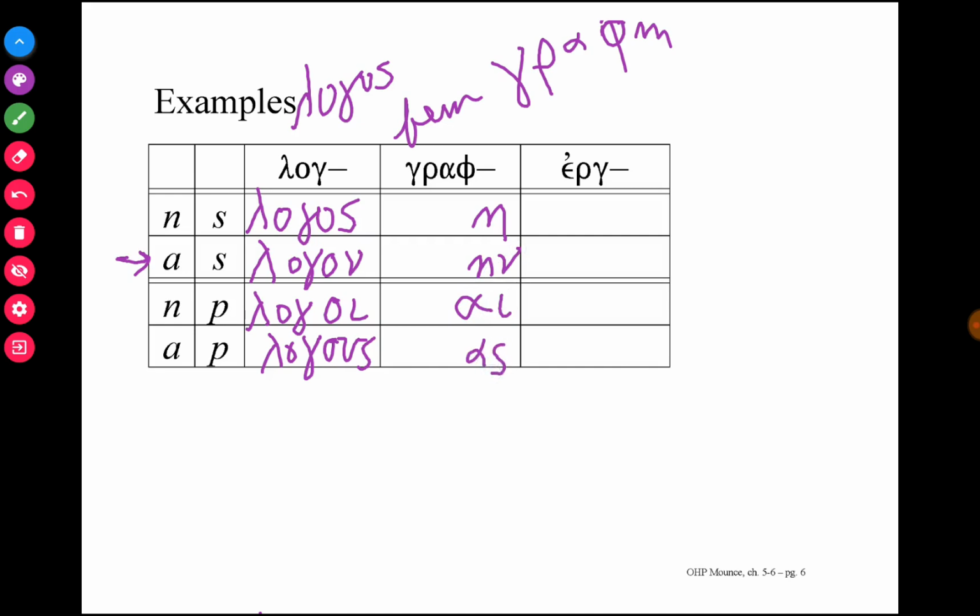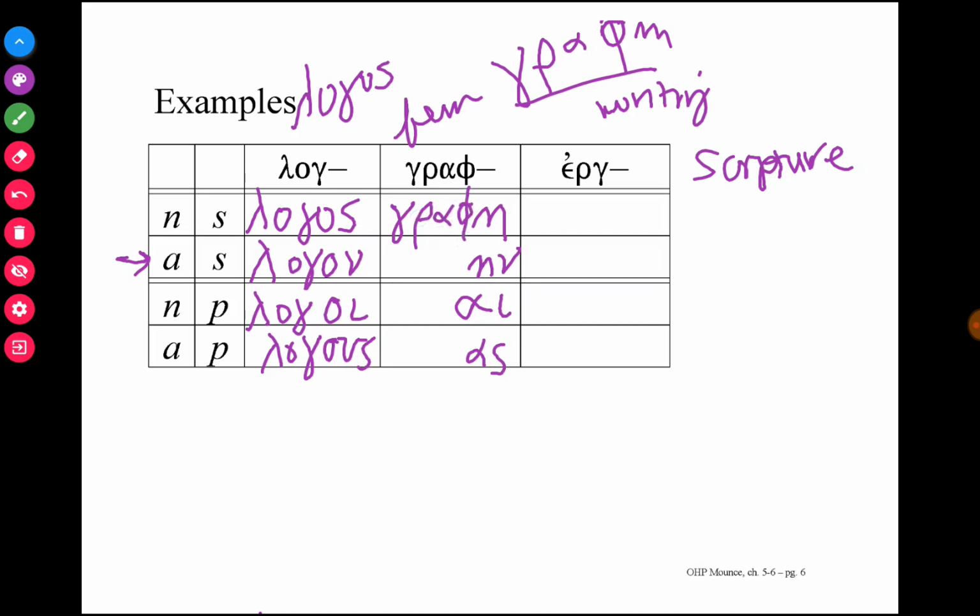So it's the same thing. If I want to say graphe means writing or scripture, and I want to say that scripture is good, then I would use graphe, singular.